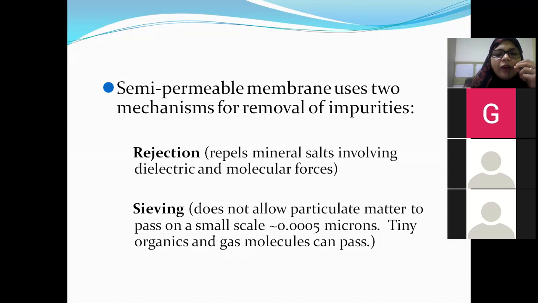These will not pass. Okay, only small organic compounds or gaseous molecules or H plus and OH minus ions can pass through this small pore size, 0.0005 microns. This is the pore size of the sieves which we are going to use.